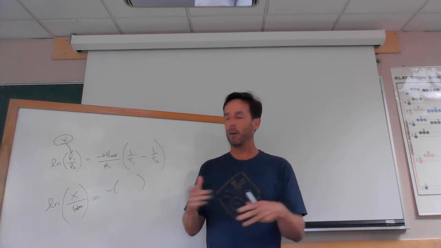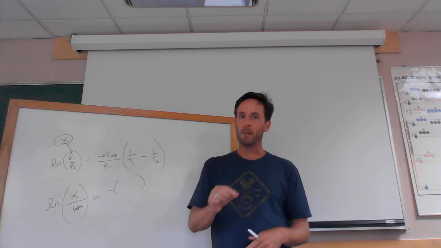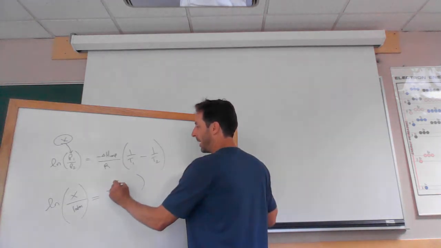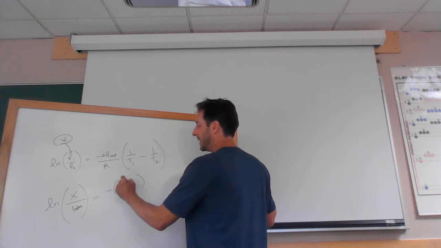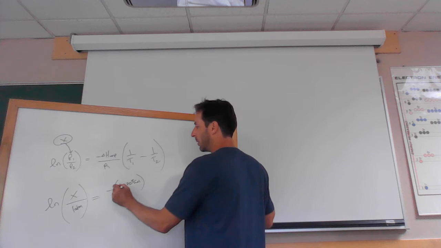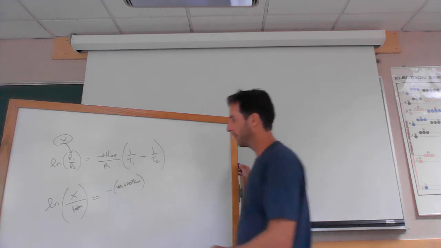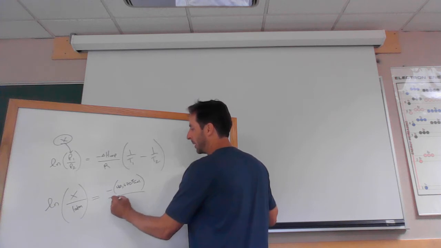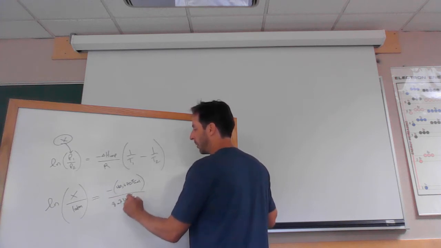So I'm going to convert delta H, instead of 40.67 kilojoules, I'm going to make it 40,670 joules per mole. Okay? On the bottom, R is 8.314 joules per mole Kelvin.